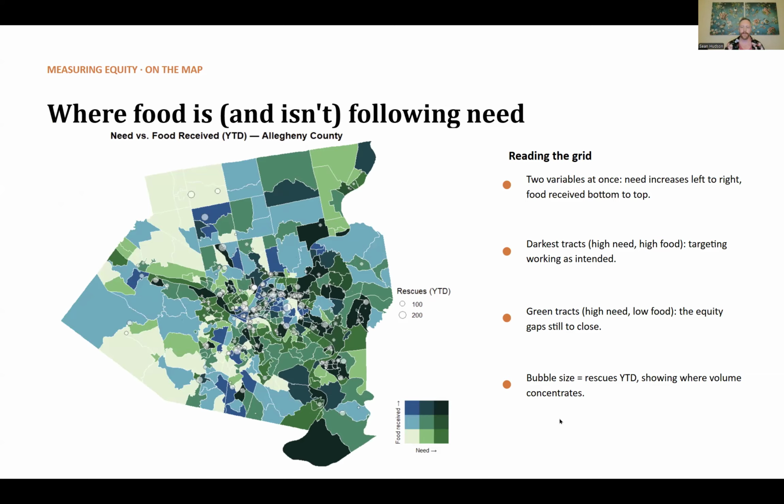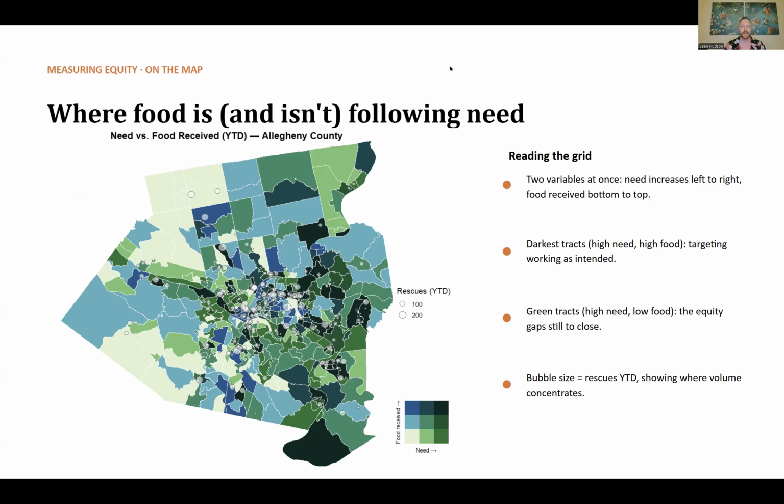So that top right corner is the best to see. You can see that a lot of places are in that color, which is nice. And where you see these brighter ones, or these dark blue, obviously we would hope to see shifting away from the blue areas towards the dark green areas over time.